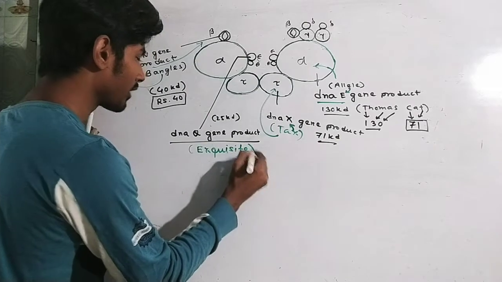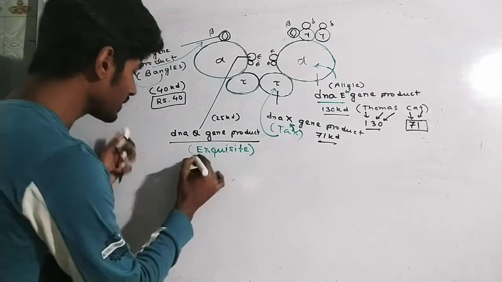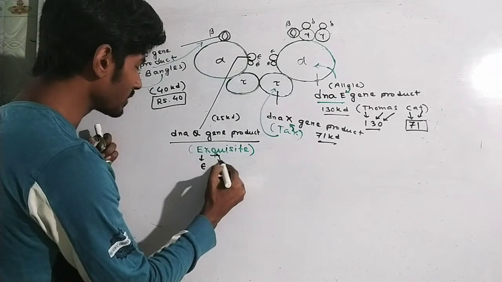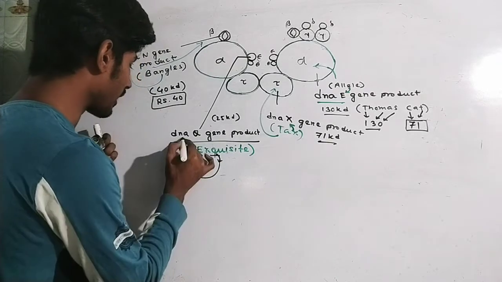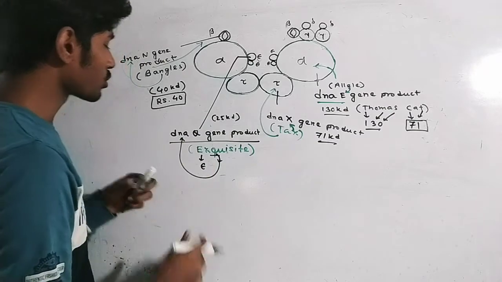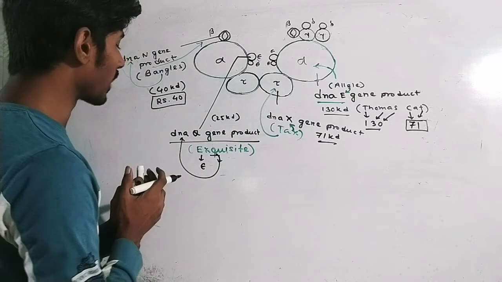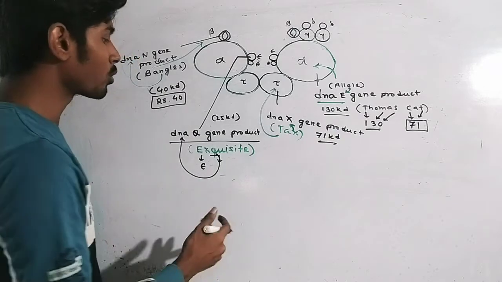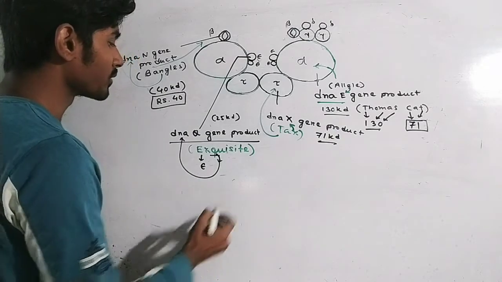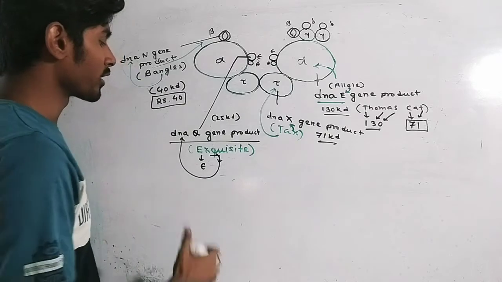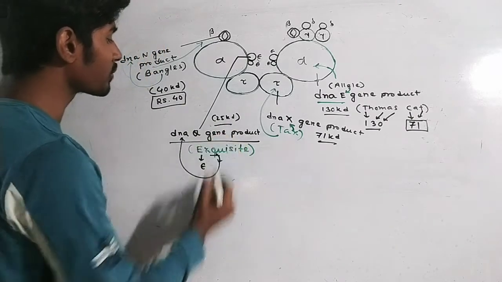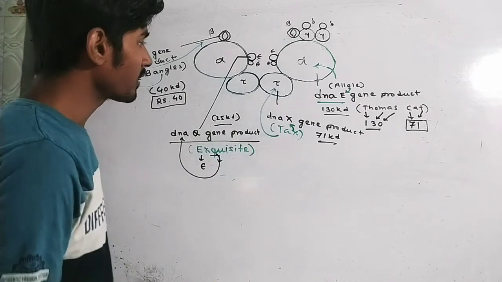Here E means epsilon and Q in exquisite means DNAQ gene. So it is a DNAQ gene product, and exquisite means beautiful or extremely beautiful. Suppose there is a very beautiful or extremely beautiful woman of 25 years. So you can easily remember this by this trick.